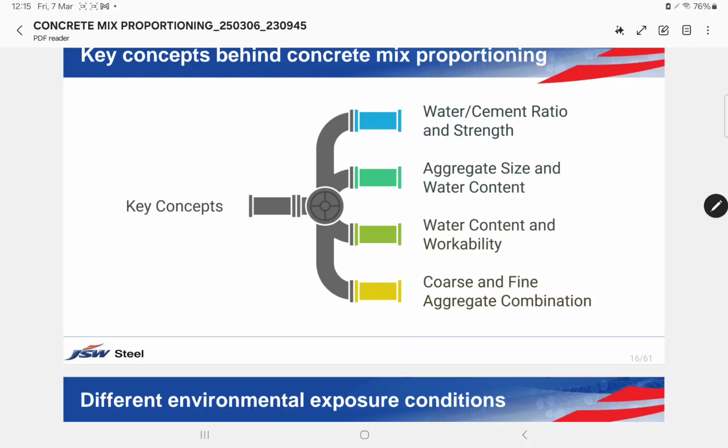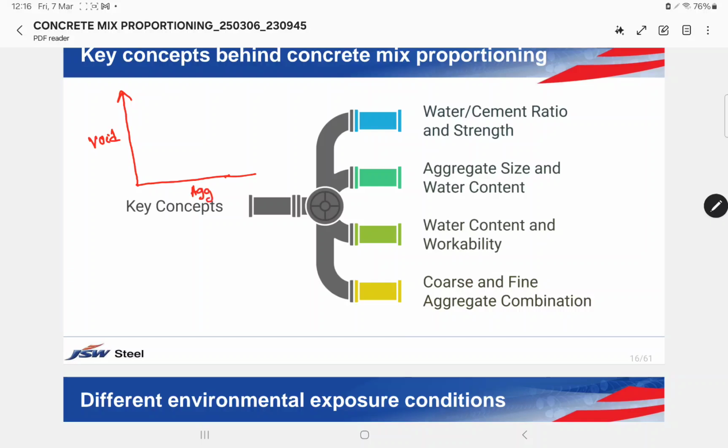Then the final one is coarse aggregate and fine aggregate combination. Now a lot of experiments have been done, and they have concluded the following. Let me draw a chart. Let this x-axis represent void, and this is the aggregate.